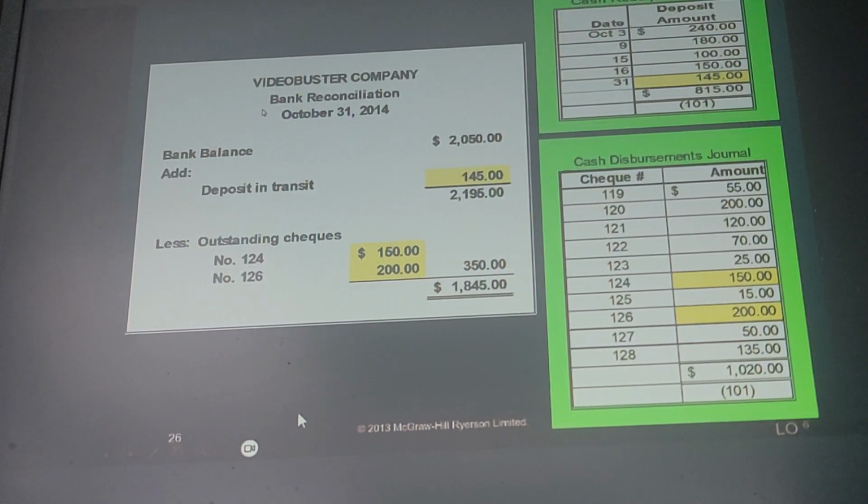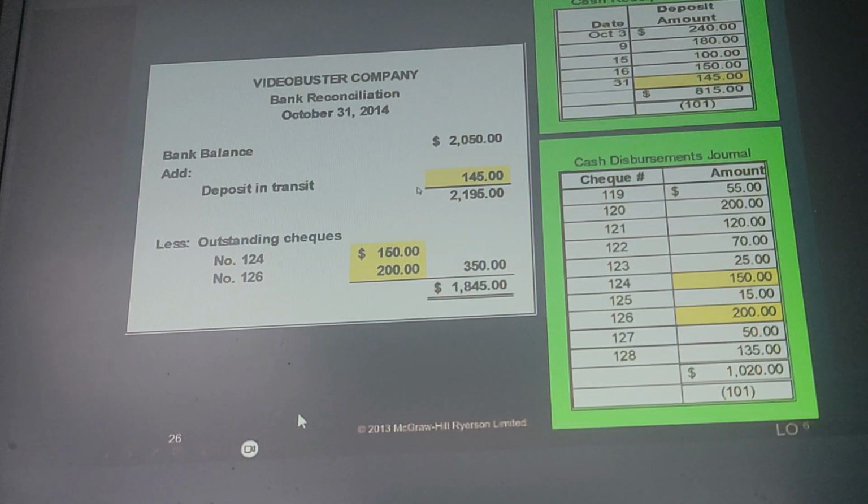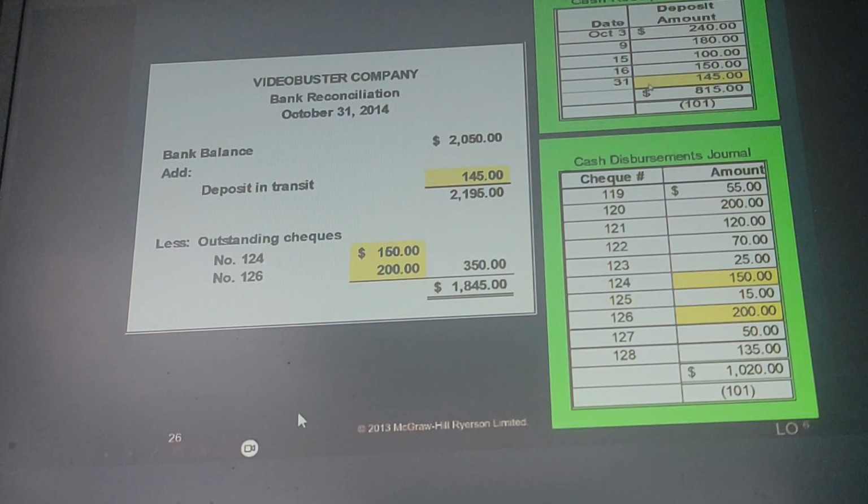And then I work on the bank reconciliation, the bank balance. This is the balance. I'm adding deposit in transit. So this is a deposit I made. Like I said, I took it to the ATM machine. It was done late. It's not showing, so I should add that. Okay, the bank is missing this. It should show in their statement.